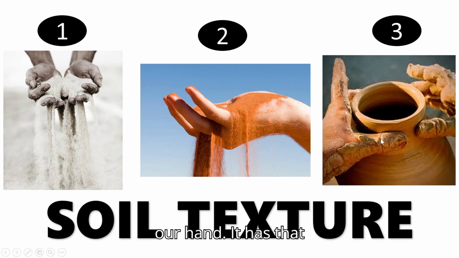That property of a soil is known as soil texture. It is the feel when we touch the soil. This texture is gritty, this one is like talcum powder, and this one is a sticky texture. That's what we call soil texture.